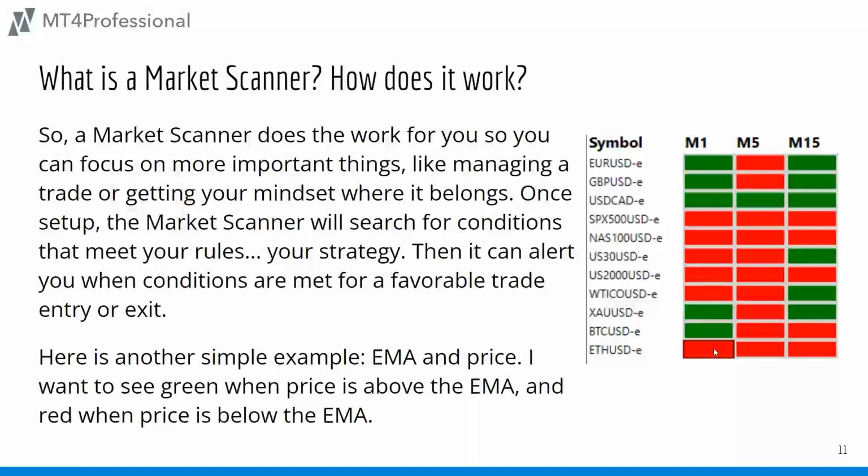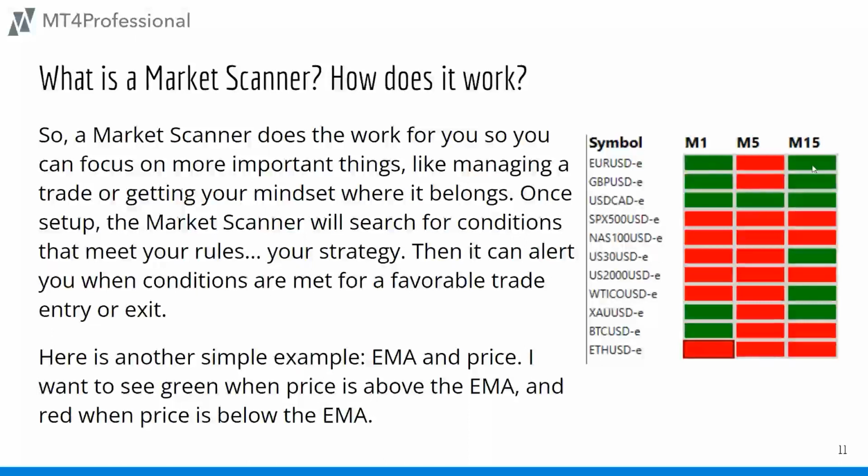So you can see Ethereum, the Russell 2000, the NASDAQ, and the S&P 500 are all bearish, while the dollar Canadian is bullish on the long term. So you're looking across 3 different time frames. I can see the euro and pound are in a period of transition, which I would expect to transition back into agreement with the longer term trends.